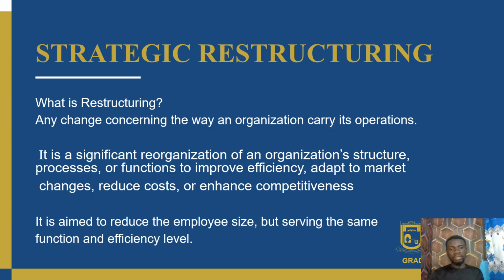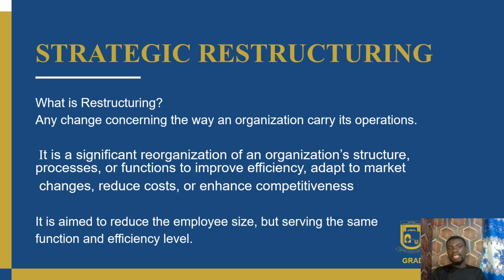Then we talk about processes. Some organizations use bureaucracies, especially Accra Technical University. Before something will be accepted, it has to go through a lot of processes. That is the processes we are talking about, or functions to improve efficiency.